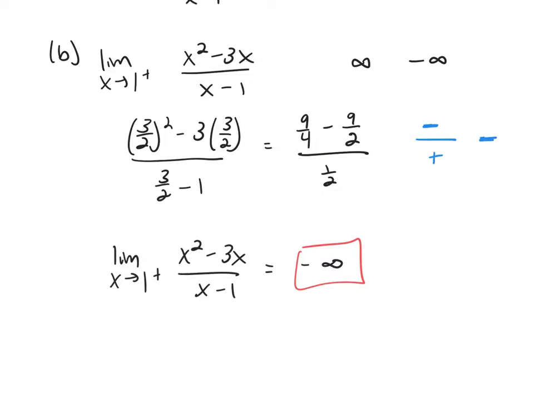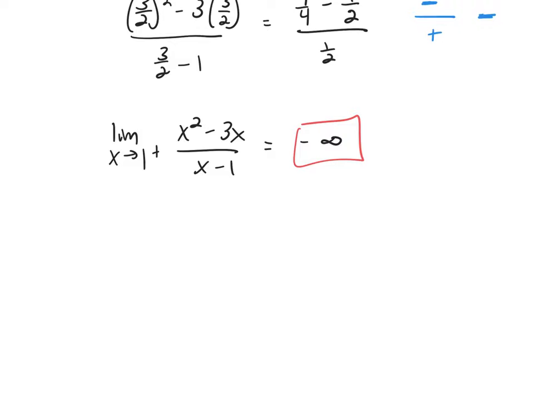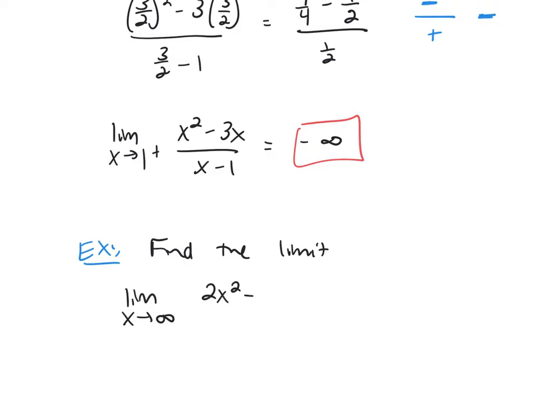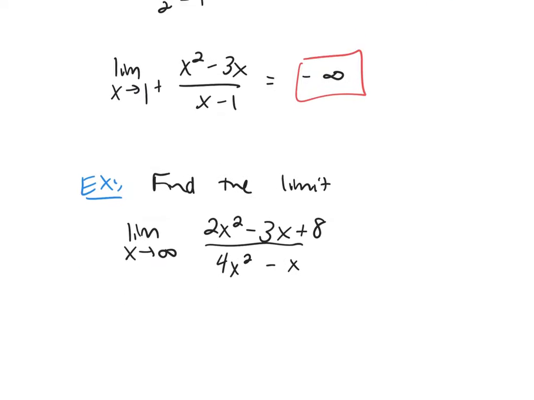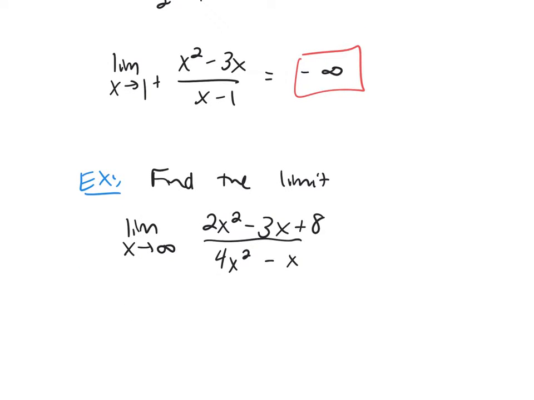So let's look at a couple more limits, some that involve infinity. Find the limit as x goes to infinity of (2x squared minus 3x plus 8) over (4x squared minus x). Remember, when you're doing these limits at infinity, if you have a rational function, which is a polynomial over a polynomial, you can compare degrees.